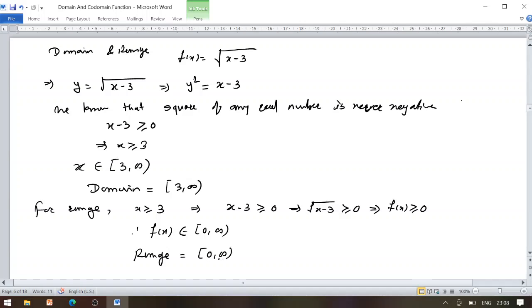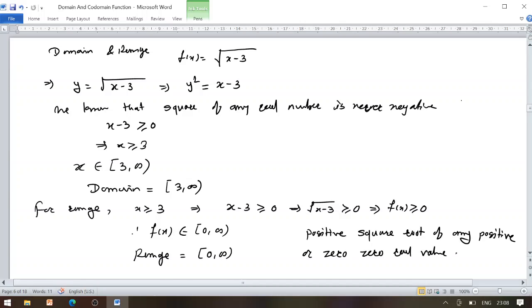Keep in mind one statement: the positive square root of any positive or 0 real value is never negative. What does this statement imply?